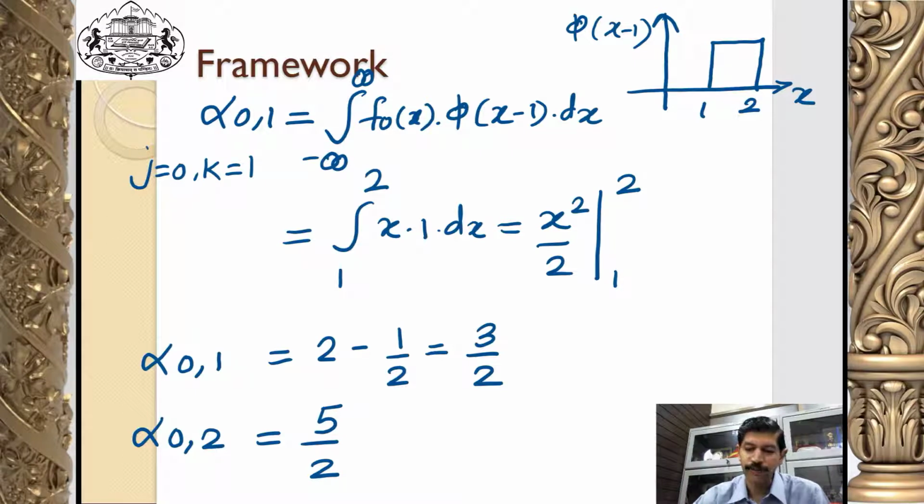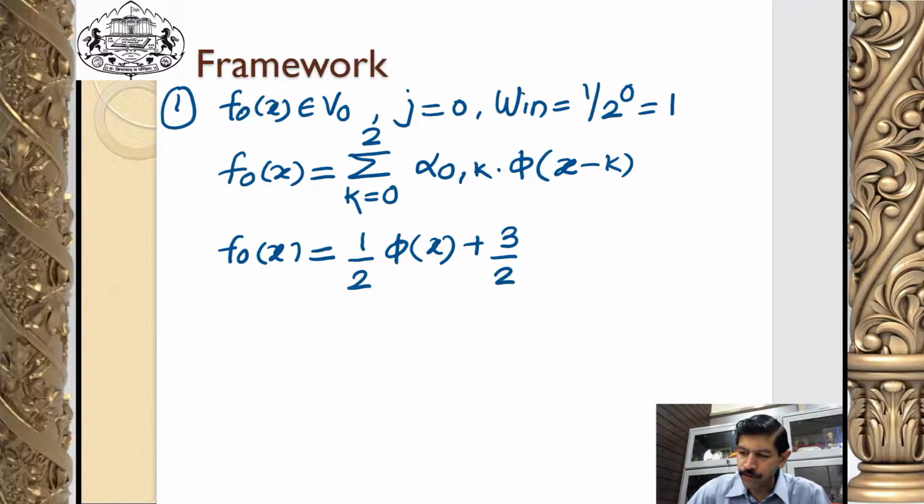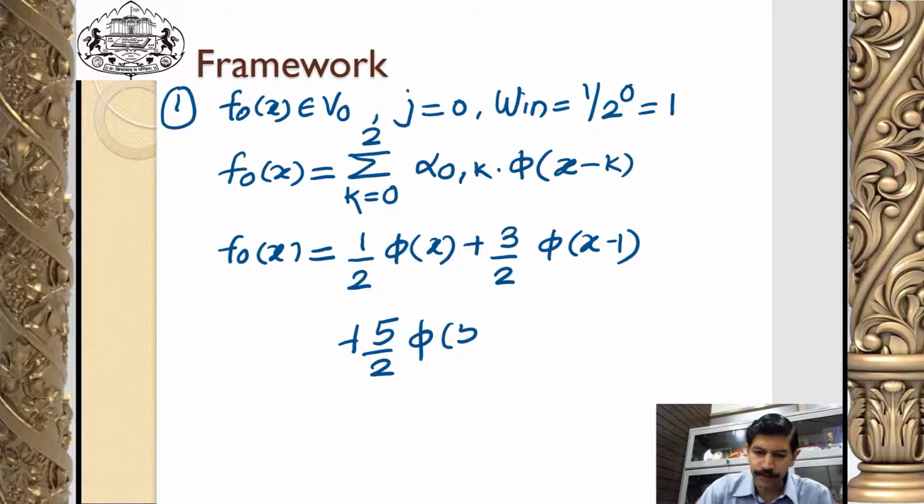Now let's plug those values over here. So the first value that we get is half, which is alpha 0 0, into phi of x, because k is 0, plus 3 by 2 into phi of x minus 1, plus 5 by 2 into phi of x, sorry, let me remove this.